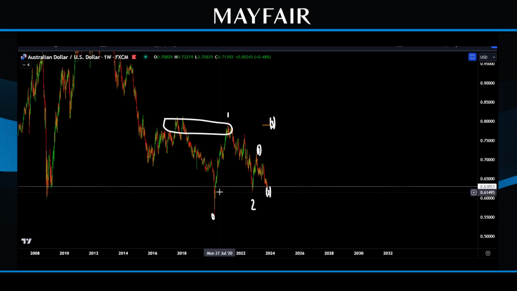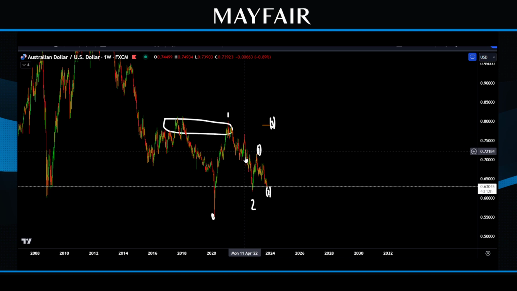We've now come back and potentially we've seen from this 1 down to a 2. On a large scale we could probably find a 5 move inside this. So you basically want a 5-3-5. Now, if I come down and say, we've hit this 5 at the low, I can see one swing inside, followed by the B, followed by the C. So to me, both of these moves inside the 1 work.